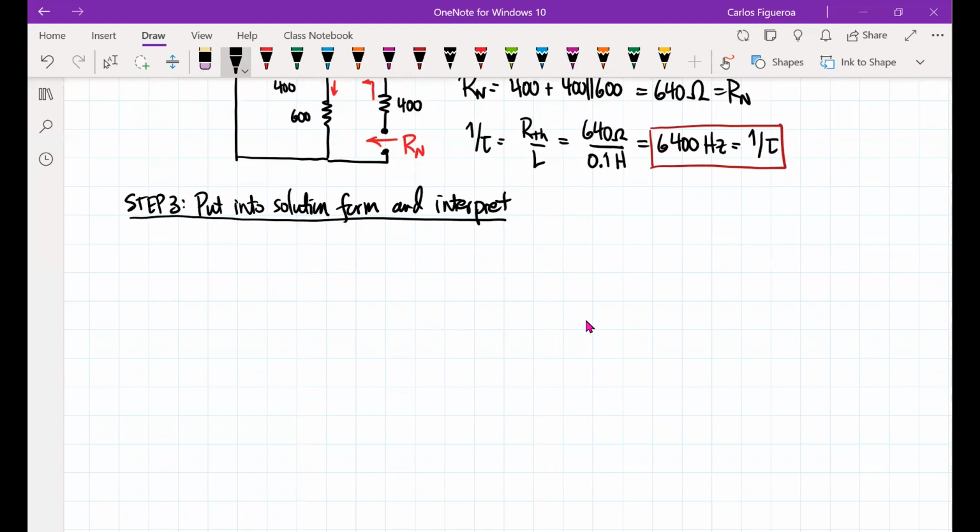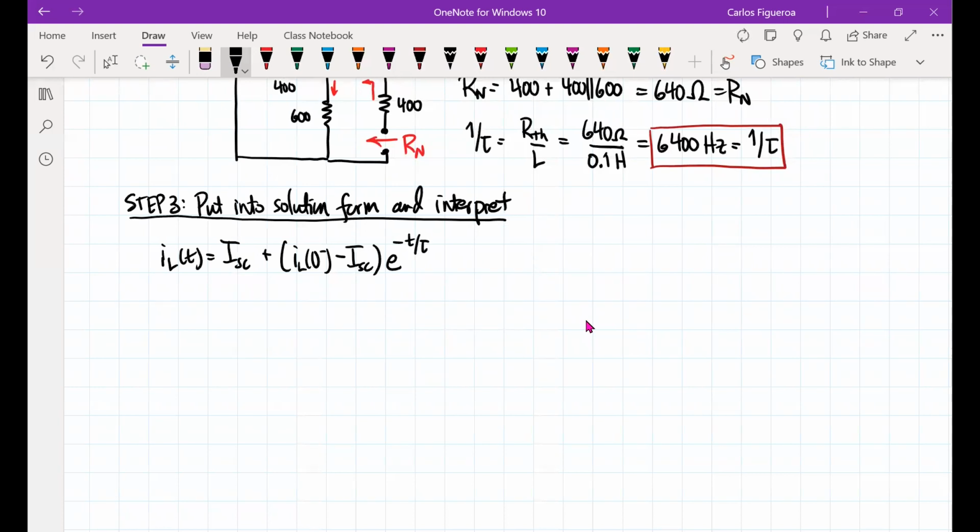So solution form tells me that the inductor current will be I short circuit plus IL of 0 minus I short circuit, times e to the minus t over tau.